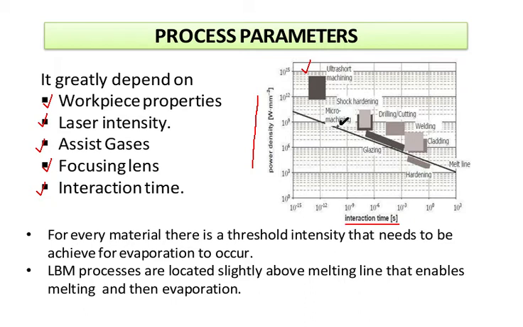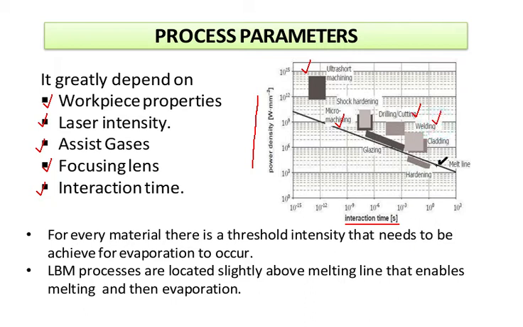If you go with micro machining, then power density should be medium and your interaction time also medium. But if you go for drilling and cutting, your power density should be minimum, but interaction time has to be maximum.